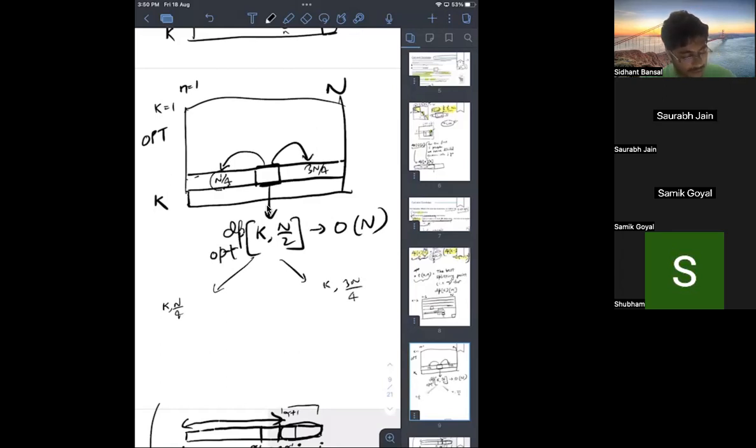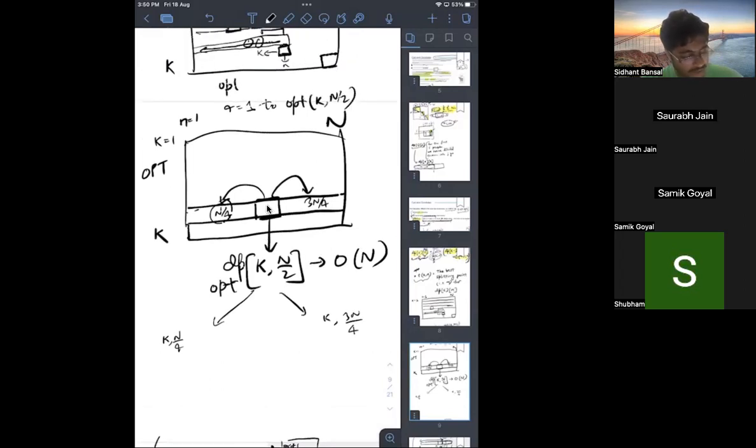Notice when you're calculating n by 4, you won't actually loop all alphas. You'll only loop alphas from 1 to opt k n by 2, because you know that opt of k n by 4 has to be smaller than opt of k n by 2.